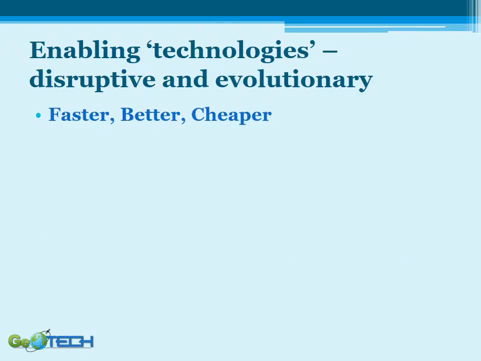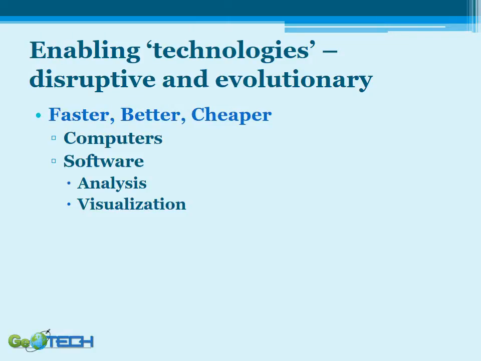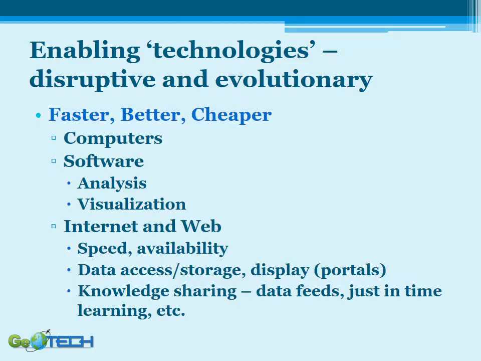So the other thing I want to talk a little bit about is the enabling technologies that are disruptive and evolutionary. And here it's the industry term, is it better, faster, cheaper? Well, computers and software, yep, they have come a long way, and they are very useful, and the software is much more powerful, and you can do many more things visually.